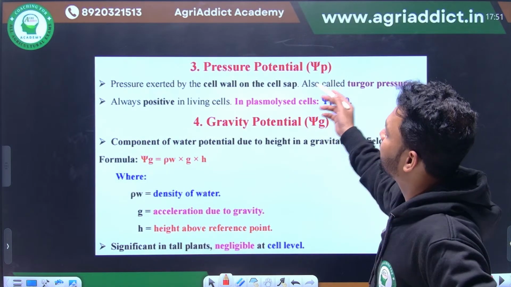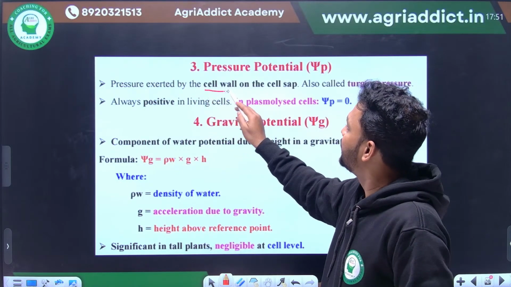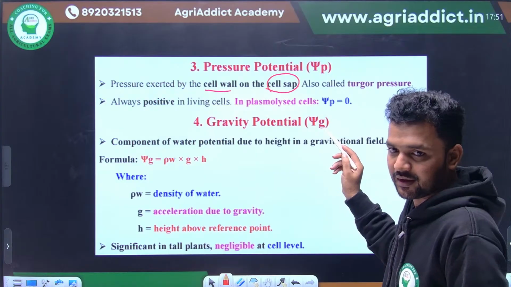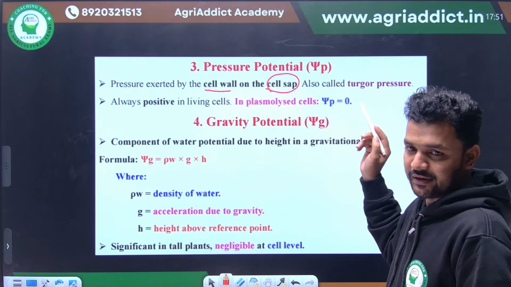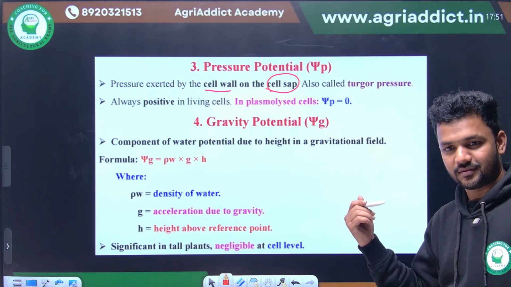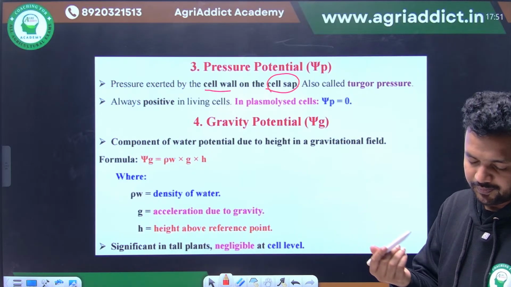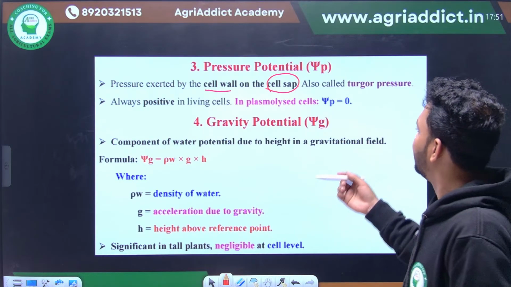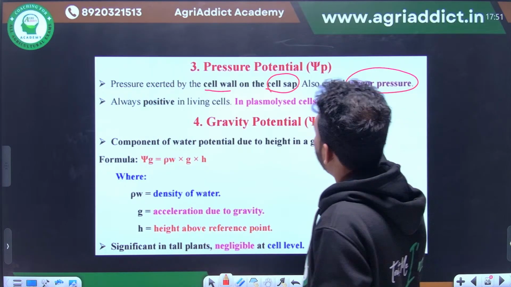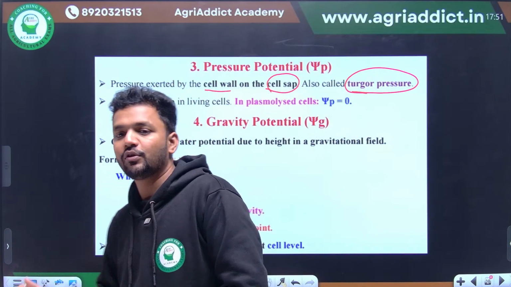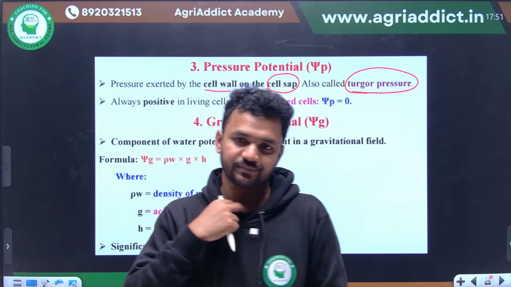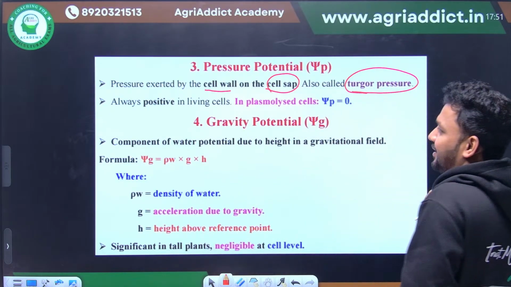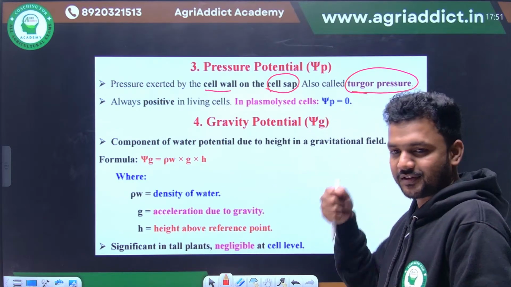Okay, what is pressure potential now? The pressure exerted by the cell wall on the cell sap, it is turgor pressure. The turgor pressure, or the pressure exerted by the cell sap on the cell wall, is called pressure potential. And pressure potential is always positive. Why? It is an external pressure.